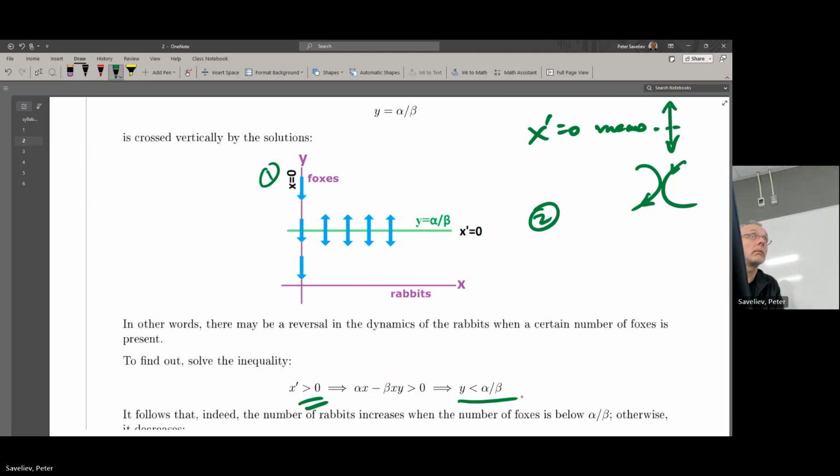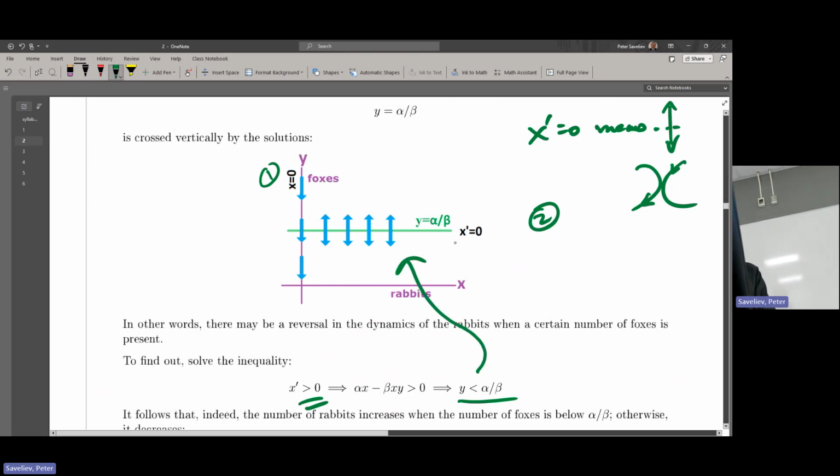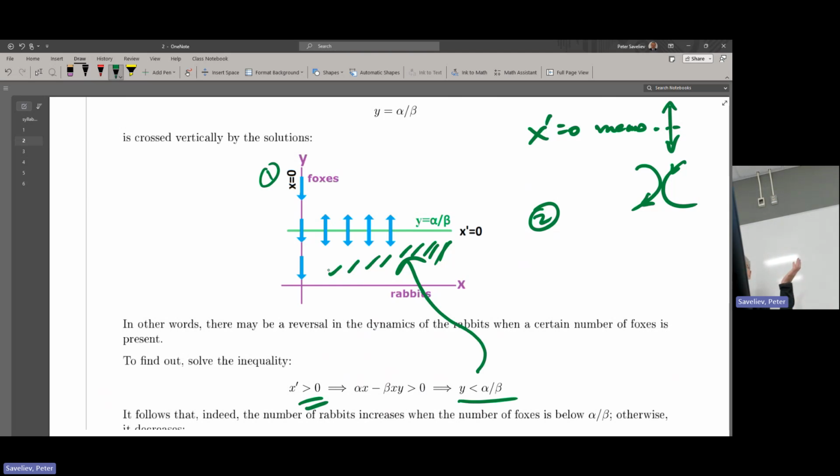Okay. Right, so x prime is the rate of change of the rabbits, and then we found out that this area right here, this area below the line, is a good area for the rabbits. Maybe it's not growing fast, but it certainly is not going to be declining. Okay, so on the line it's constant, sort of. Below it there will be growth.